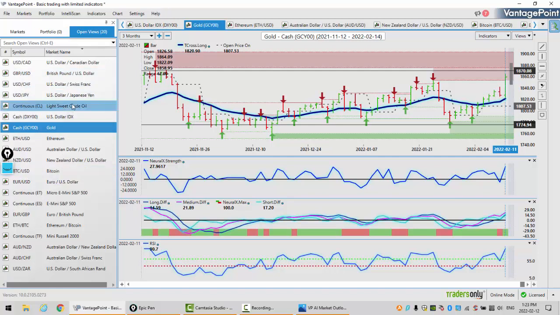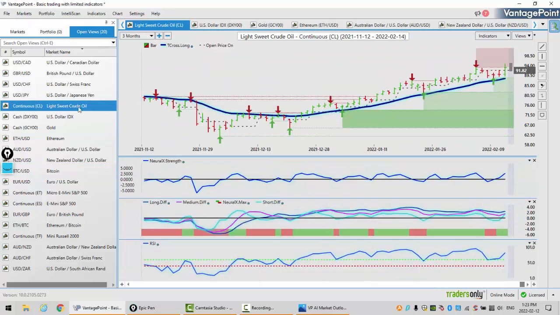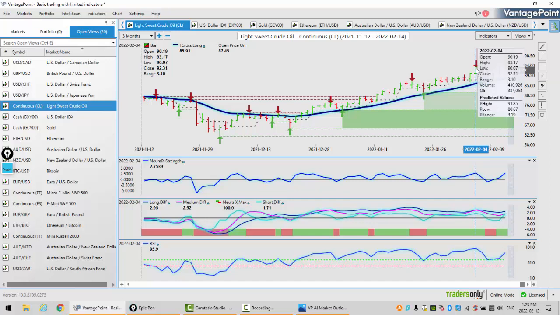Now, looking at some of the main commodities like light sweet crude oil, we can assess here that oil is likely going to advance further next week if this conflict continues. It will send oil prices higher, gold prices higher, natural gas prices are all likely going to go up, unfortunately, next week. So you can expect to pay more at the pump.